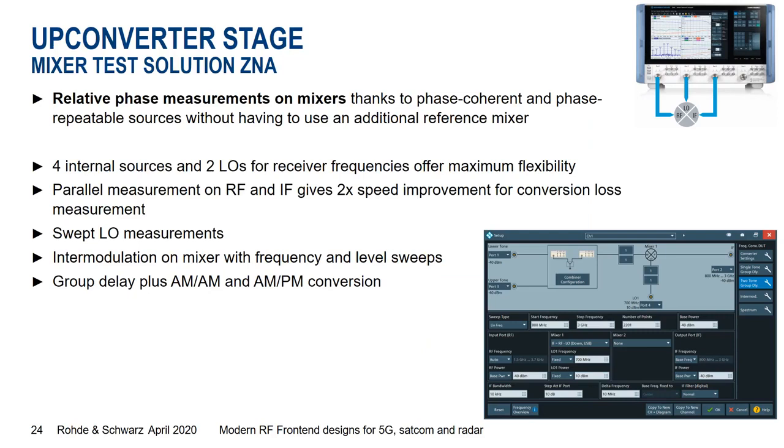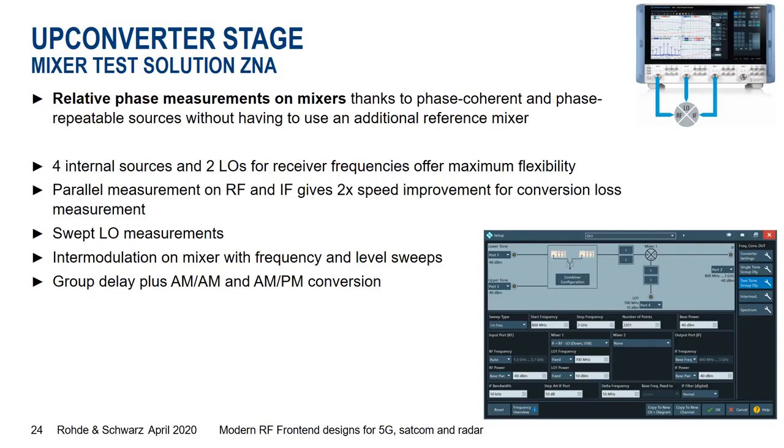On the other side, with the up-converter stage, we mentioned it is important to understand the relative phase behavior from the IF to the RF. Those measurements were in the past pretty complex and needed additional measurement mixers.